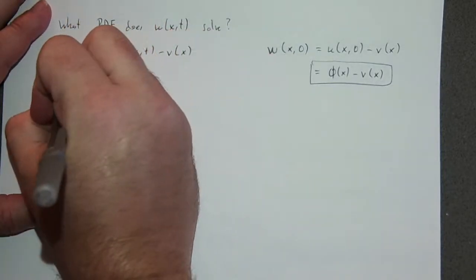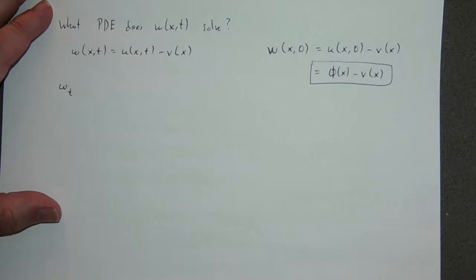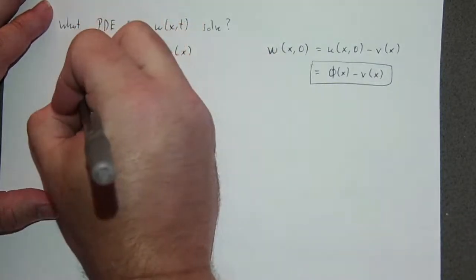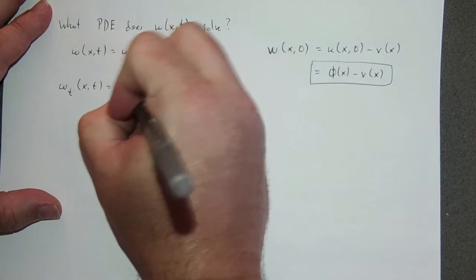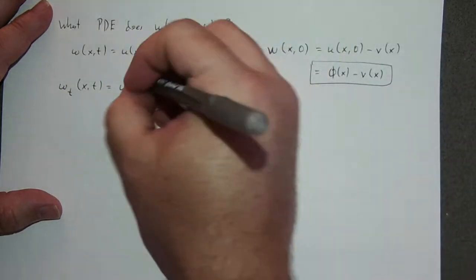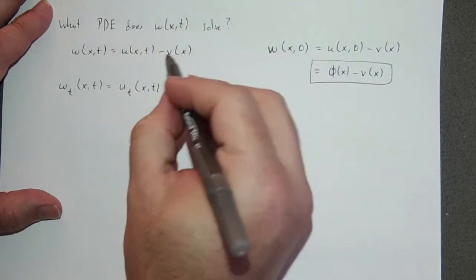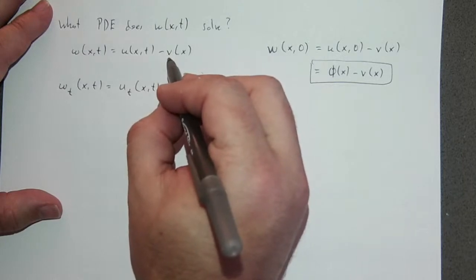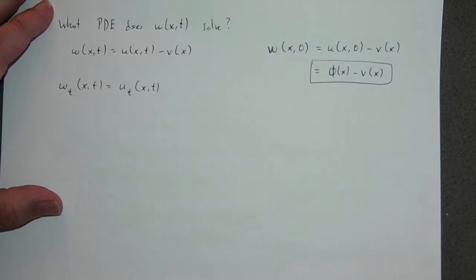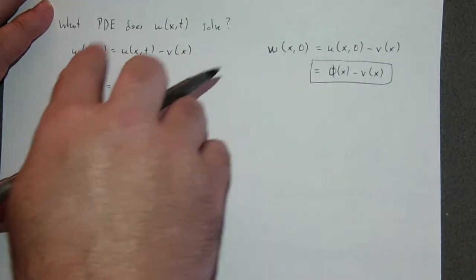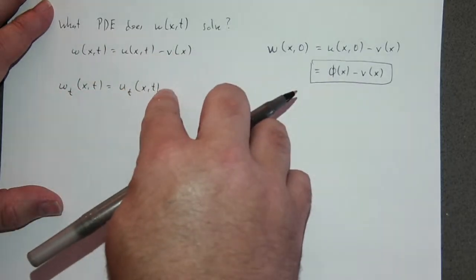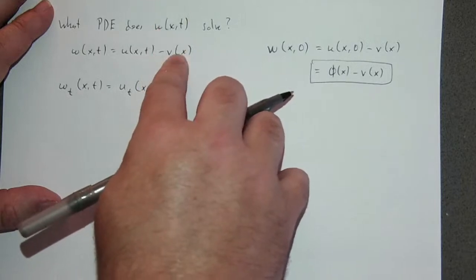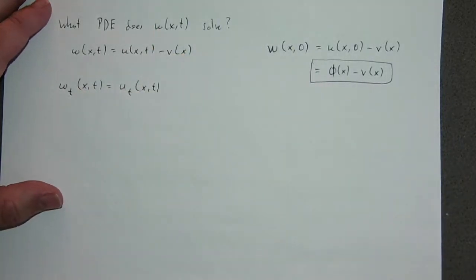Well, if I take W sub t here, then this is equal to U sub t of x,t minus the partial derivative of V with respect to t, which is 0. And so W sub t is equal to U sub t.